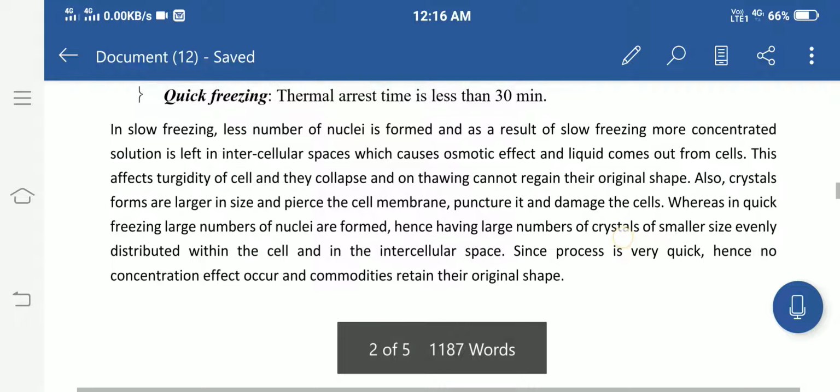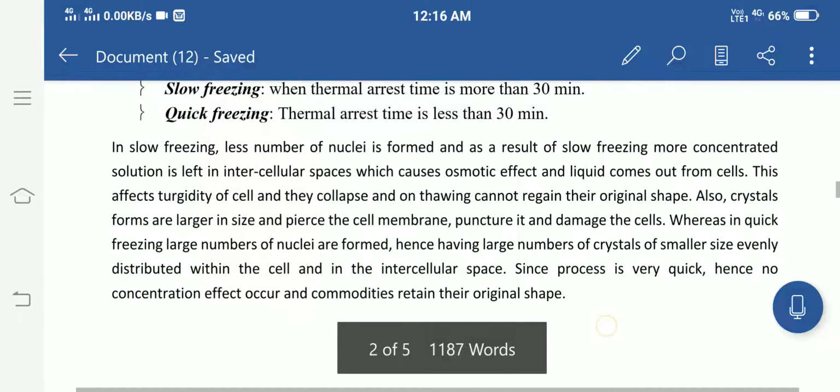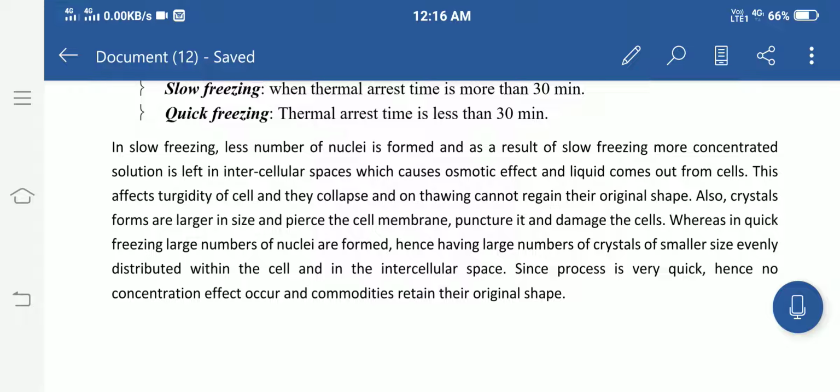Why? Because in slow freezing, the making of fewer nuclei affects the turgidity of the cell, and cells collapse and on thawing cannot regain their original shape. What is the turgidity of the cell?